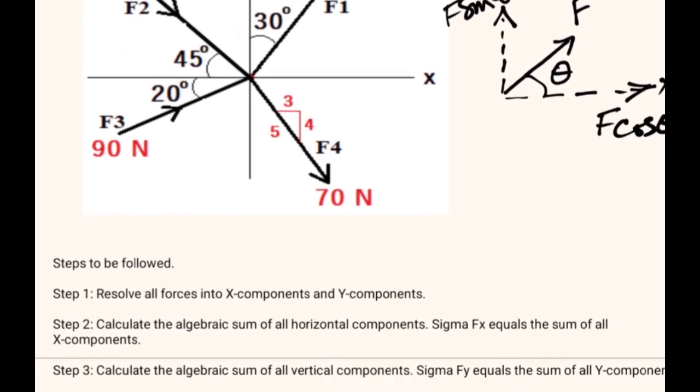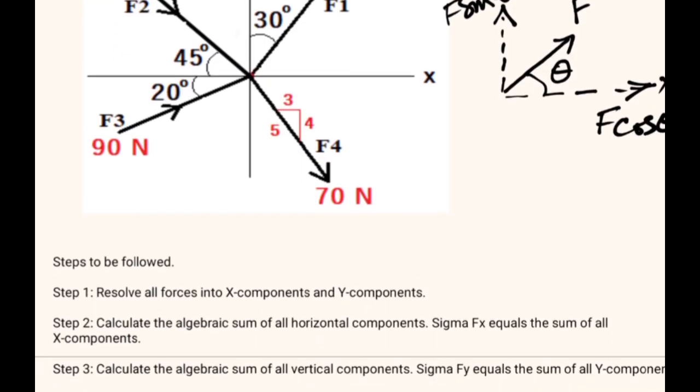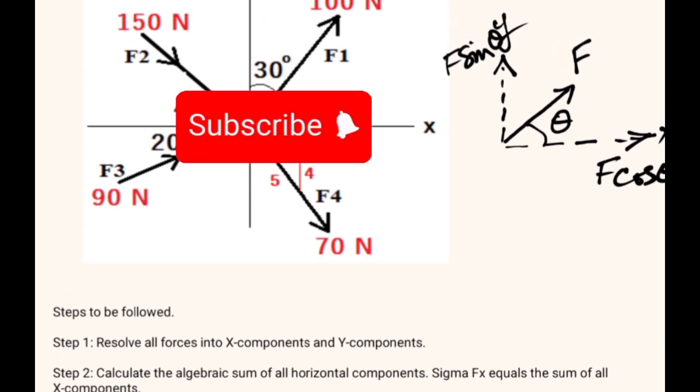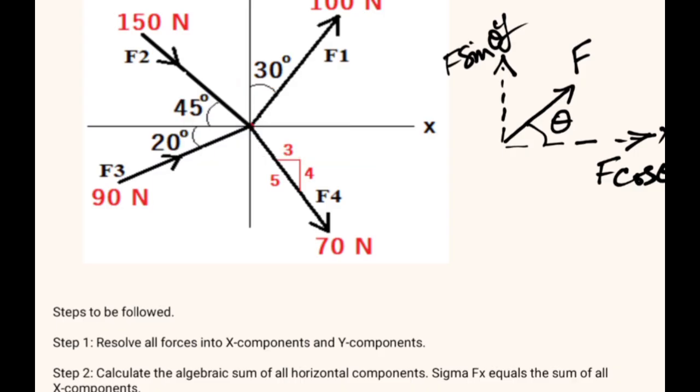So first step is to resolve all forces into x components and y components, in terms of F cos theta and F sin theta, where theta is the angle with the x-axis, and the direction of the components will also be similar to the direction of the force. If the force is outward, meaning it is coming out of the point, then the components will also be coming out of the point.